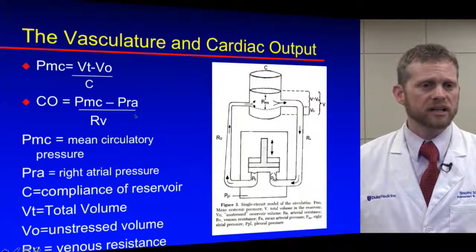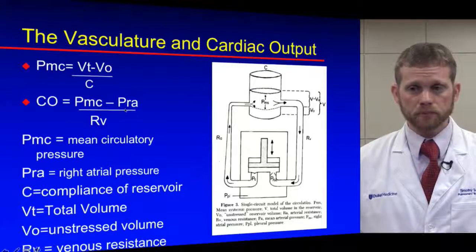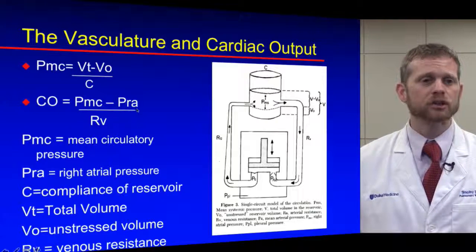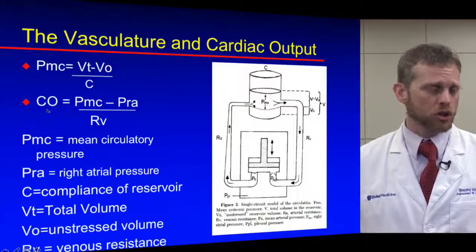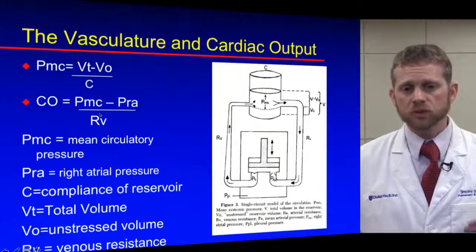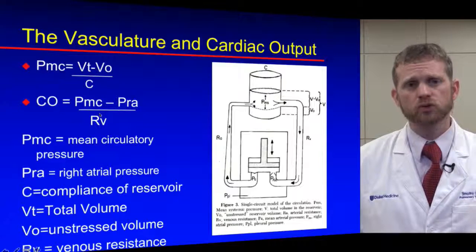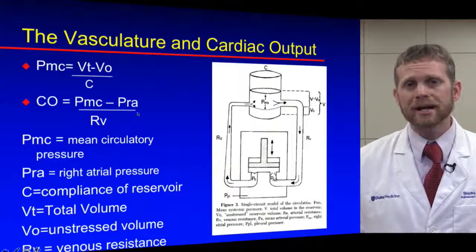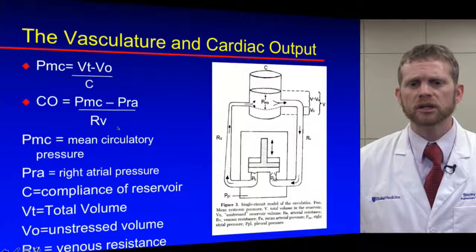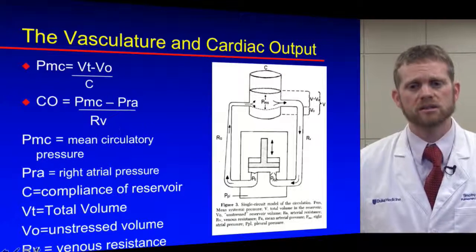Another pressure to define here is the right atrial pressure. This is the downstream pressure that opposes flow back to the right ventricle. So venous return, or cardiac output, is going to be related to the difference between the upstream pressure, the mean circulatory pressure, minus the downstream pressure, and it's going to be inversely proportional to the venous system resistance.